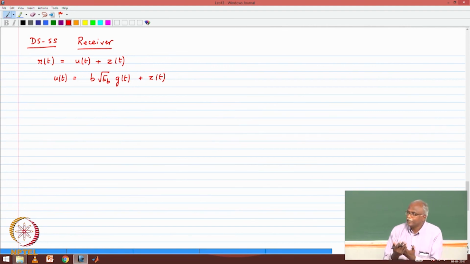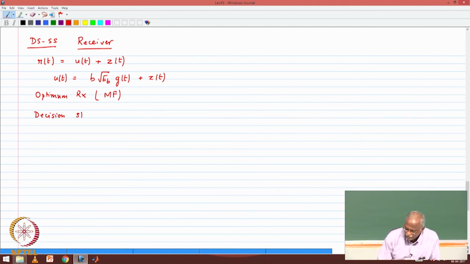Now, a matched filter can also be implemented as a correlation based receiver. It's very intuitive and helpful for us to look at it in the form of a correlation based receiver. So my optimum receiver will be a matched filter implemented using a correlator. So my decision statistic will be of the following form.